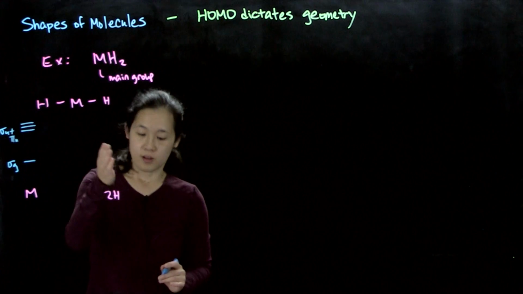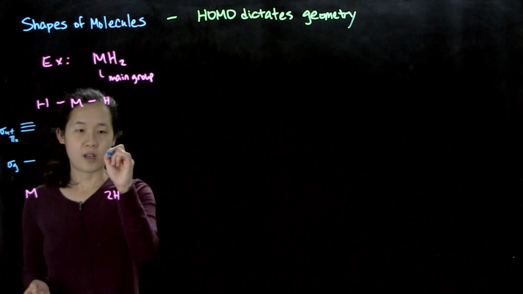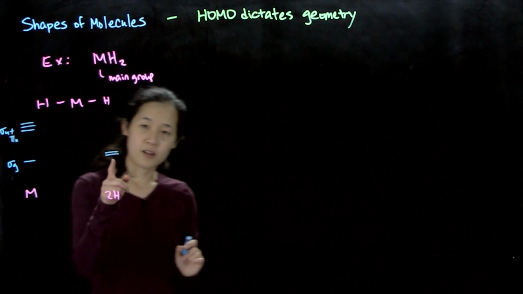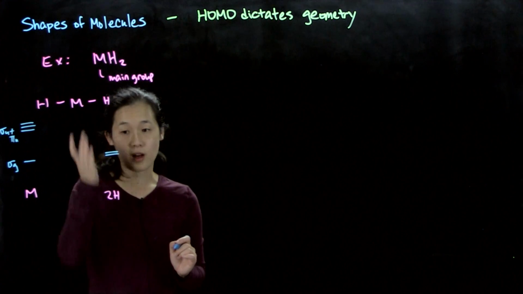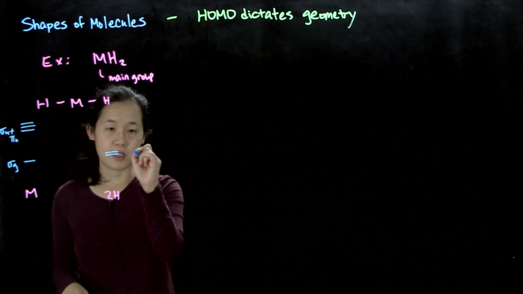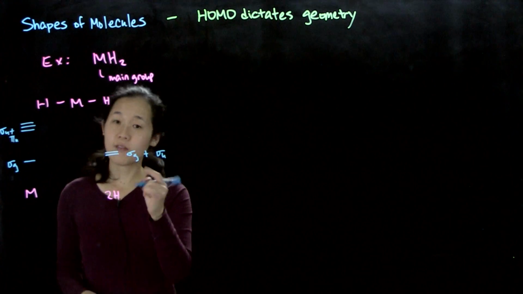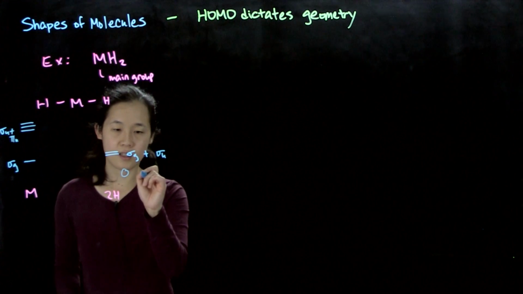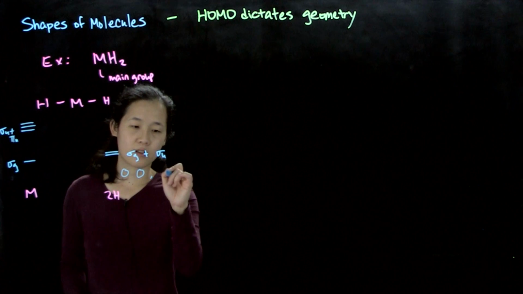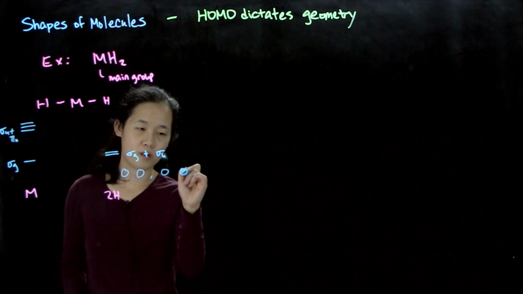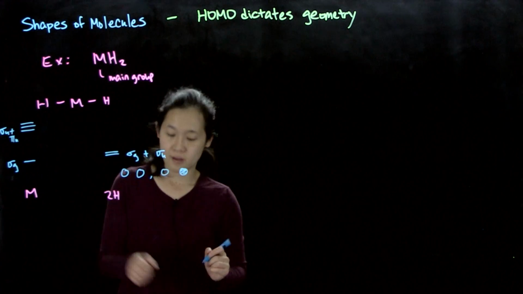And then for the hydrogen atoms, we have two degenerate hydrogen s orbitals, and these are going to be sigma g and sigma u. The sigma g, of course, is gerade, so it's going to look like this. Our sigma u is going to look like this for our two hydrogen s orbitals.